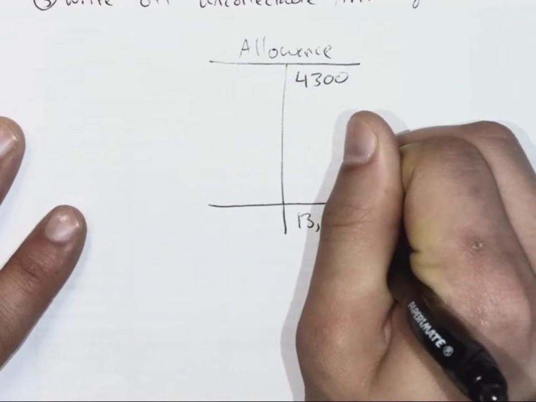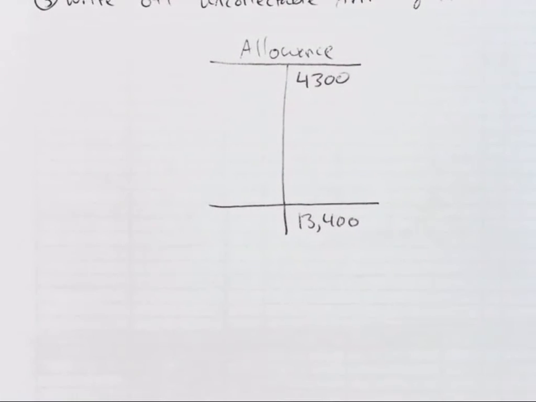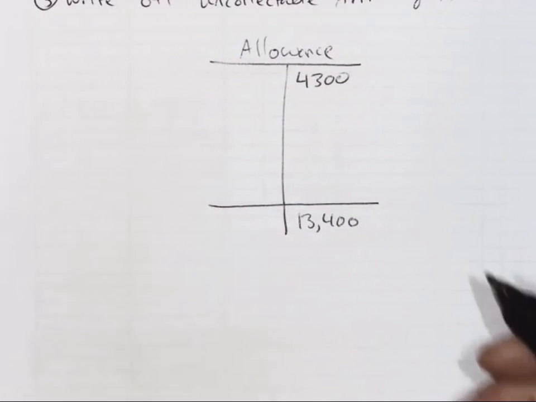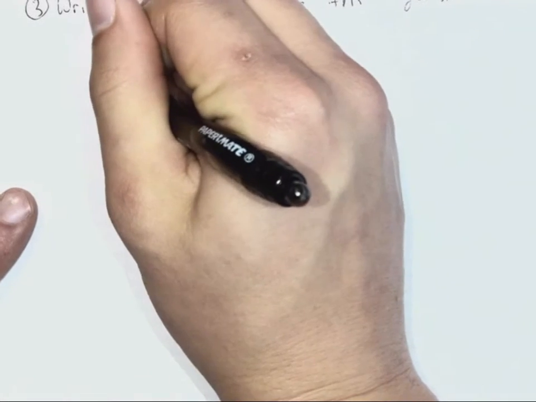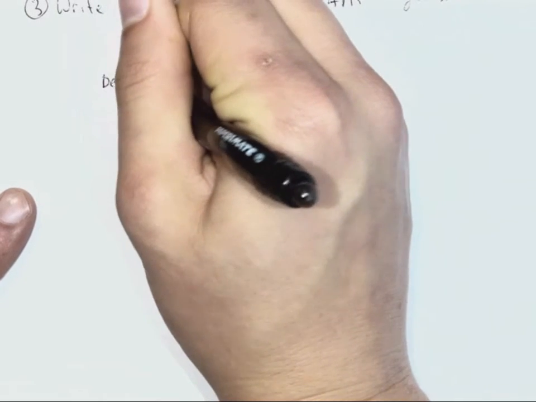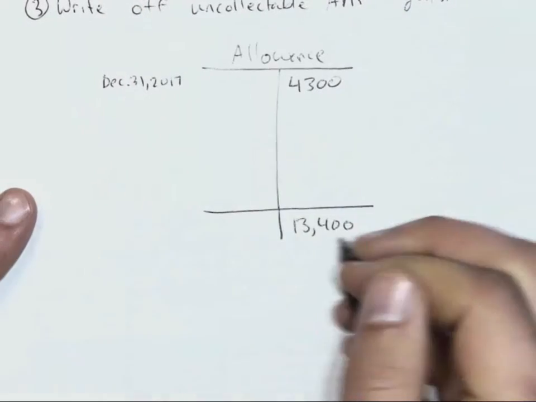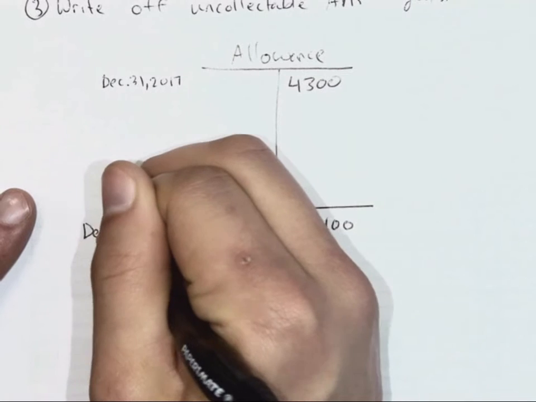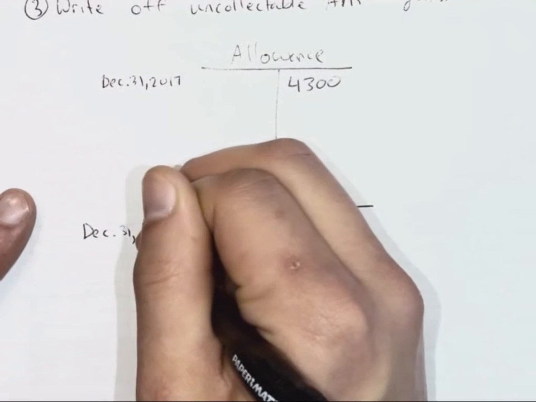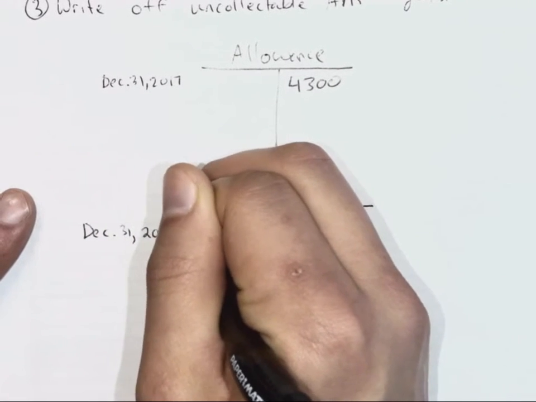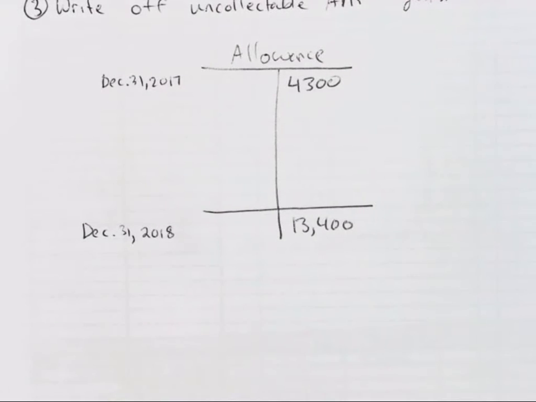Now, before we get ahead of ourselves, this is on December 31st, 2017. This will be our balance on December 31st, 2018. When do we use this account?